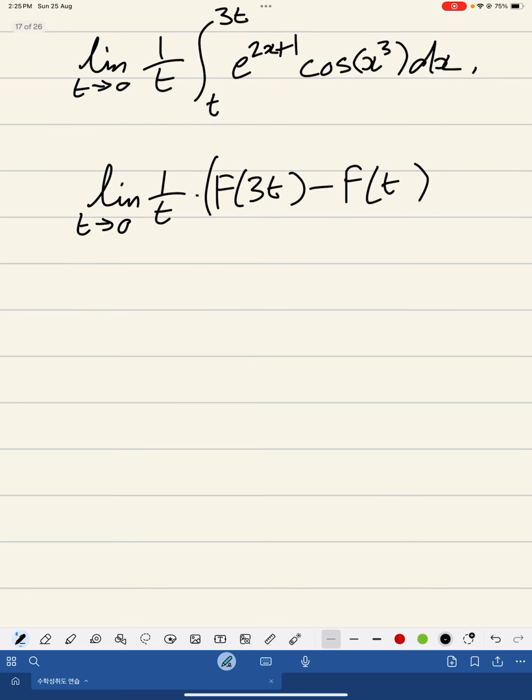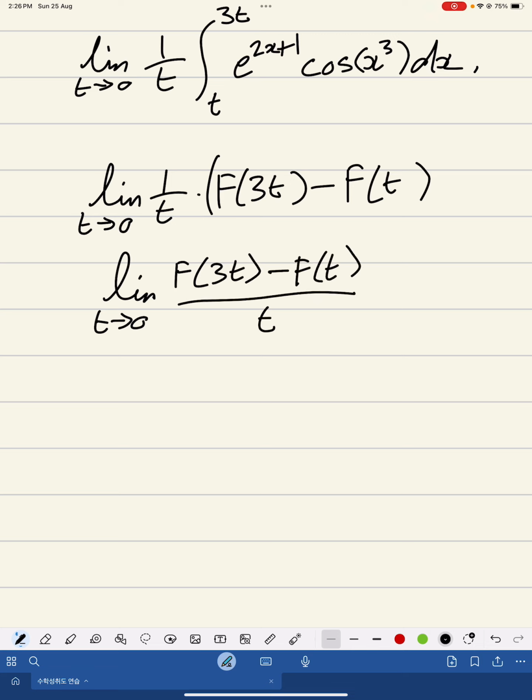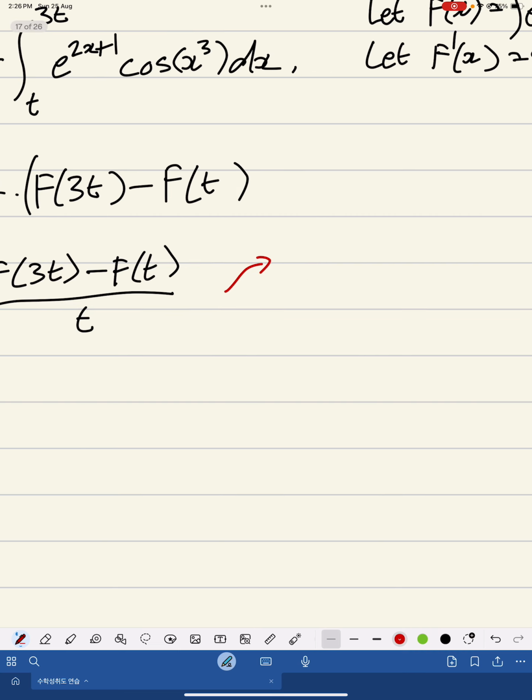Now if you look at it, this looks very familiar. This looks like the formal definition of a limit, the limit as h approaches 0 of f of x plus h minus f of x, divided by h, right?